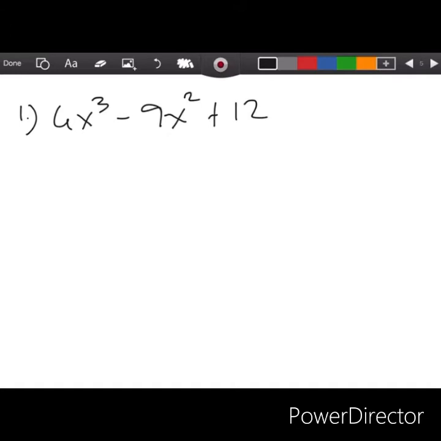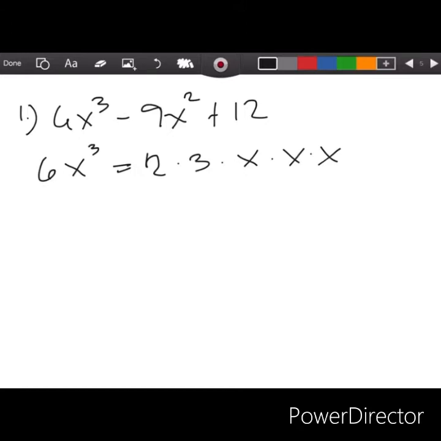According to the definition of factoring polynomials, we need to factor each term. The factor of 6x cubed is 2 times 3 times x times x times x.